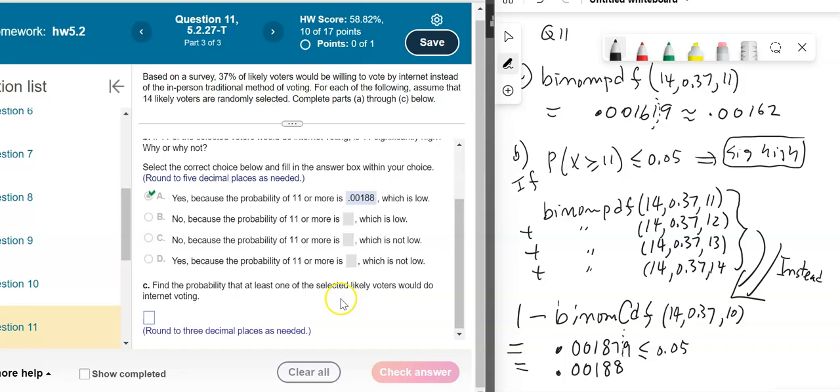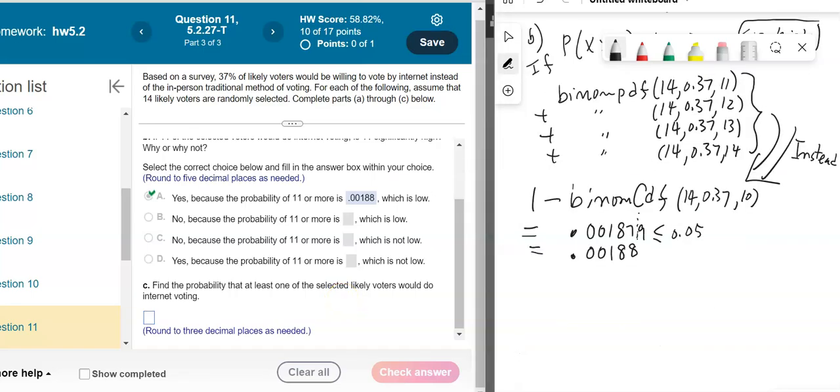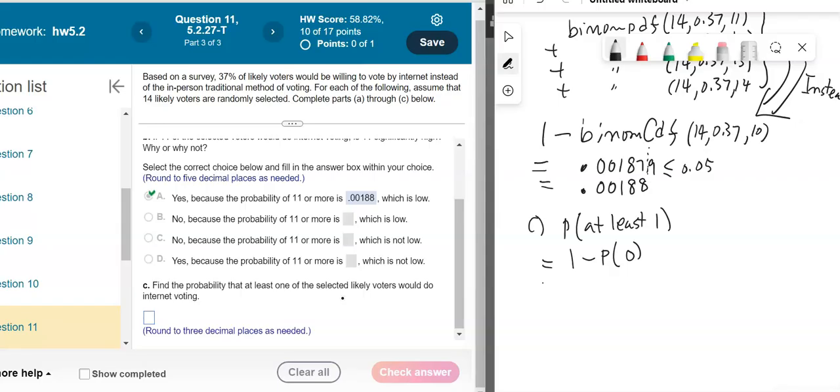Find the probability that at least one within a building. Okay. So the probability of at least one is 1 minus the probability of 0. So it is 1 minus binompdf(14, 0.37, 0), where 0 means none.